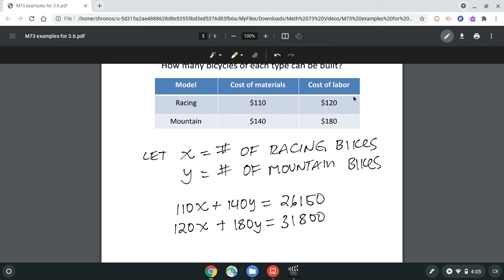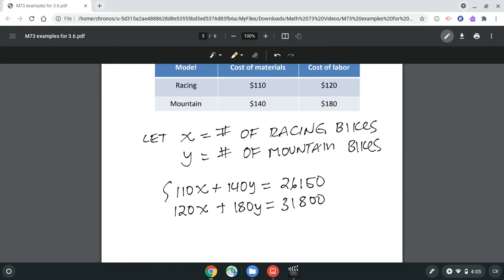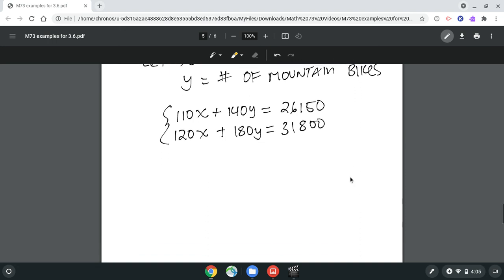Okay, so we want both of these things to be true. So the question is, okay, well, when does that happen? When we have how many racing bikes and how many mountain bikes? And there's your system. Again, you can use substitution or elimination to solve that.